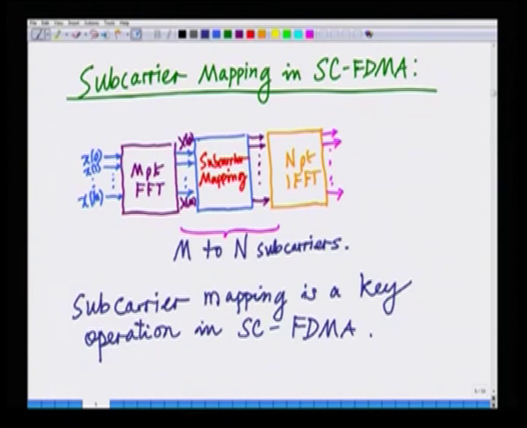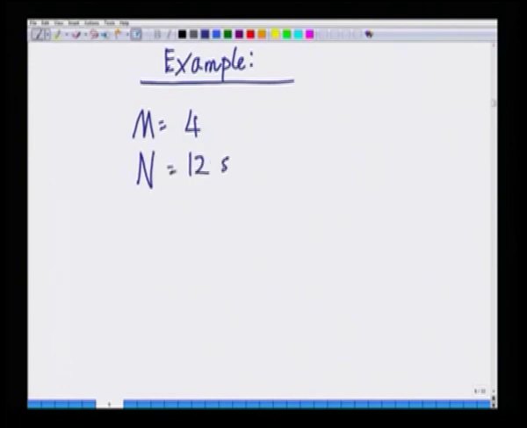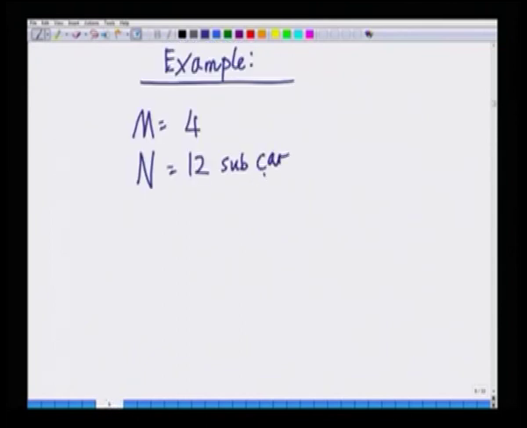Let us illustrate this for a certain example. As a simple example to illustrate subcarrier mapping, consider M equals 4, that is the size of the M point FFT, and N equals 12 subcarriers, which means I have 4 information symbols x0, x1, x2, x3.